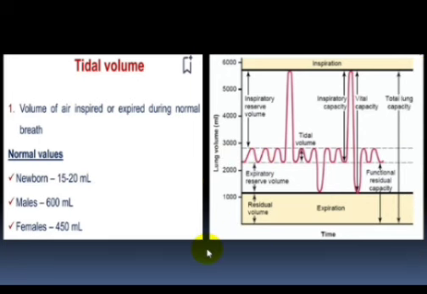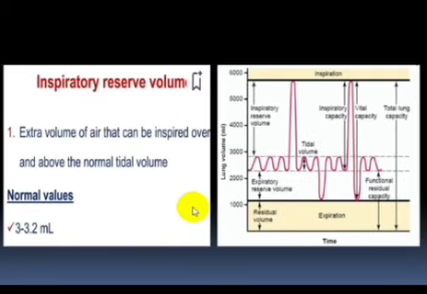Good. So the next one is inspiratory reserve volume.